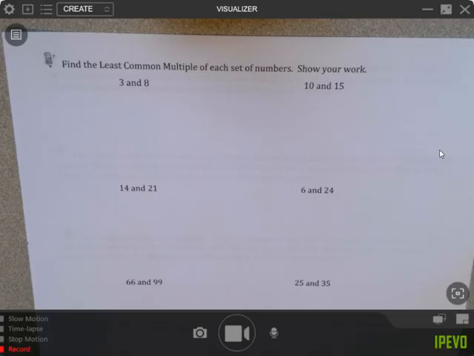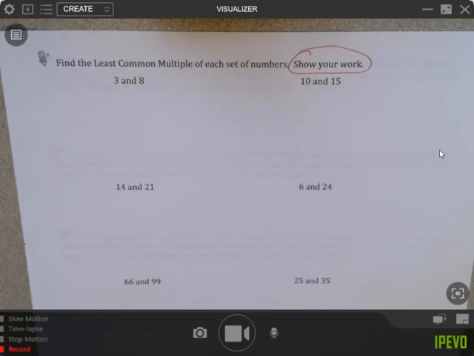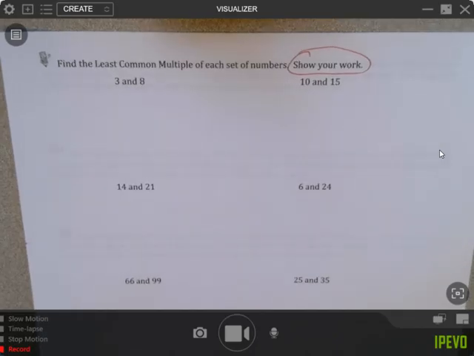I should not see an answer only. When the directions say show your work, you're going to show your work. So if you're doing multiples going up, do the multiples. If you're going to do the table method, do the table method. Show one of the ways. Okay? Again, you must show your work or you will not get credit for this homework.